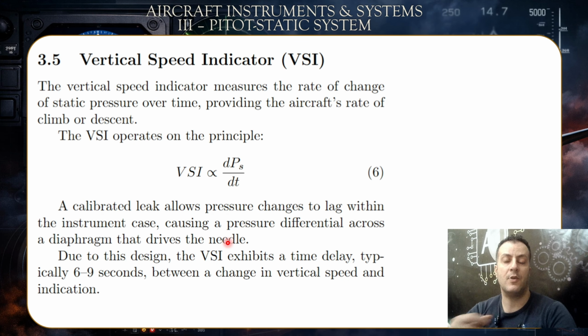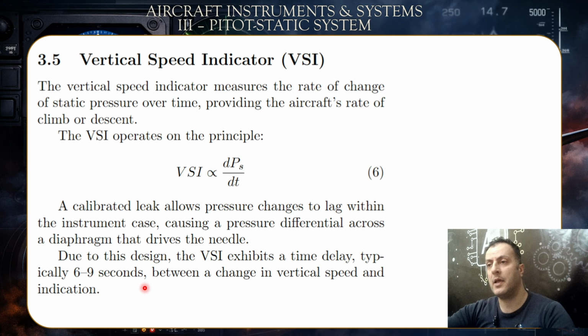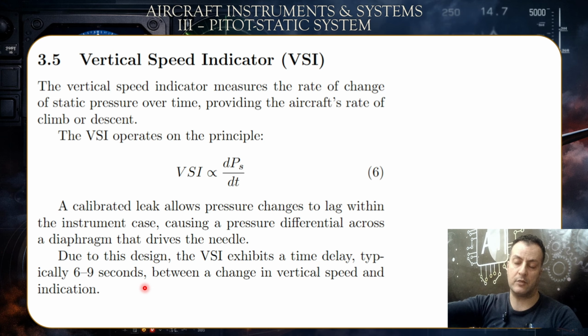However, there's a trade-off, a compromise here. Due to this design, the VSI exhibits a time delay, typically 6 to 9 seconds, which is a delay between the actual vertical speed that the aircraft is experiencing versus the displayed or indicated vertical speed.